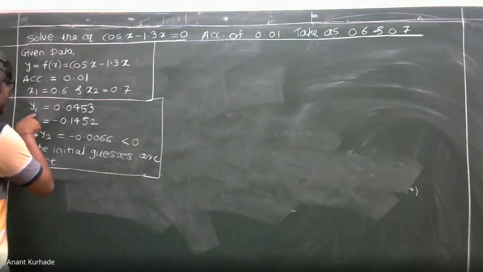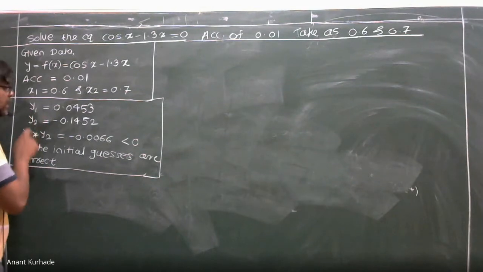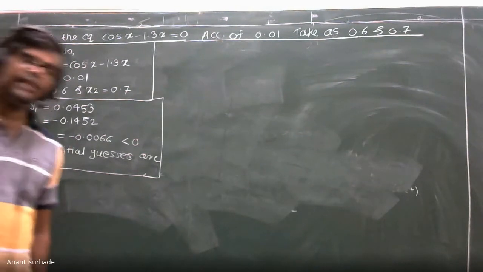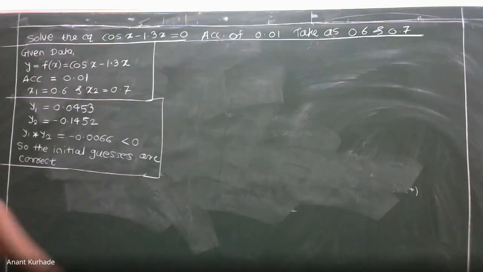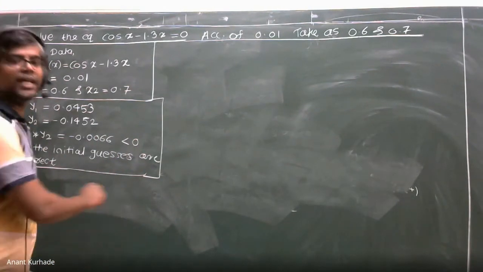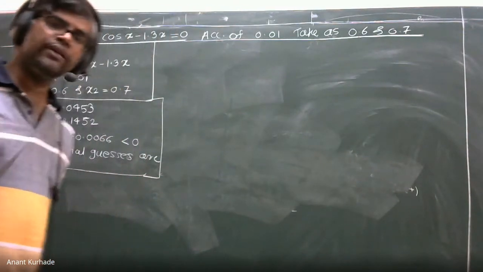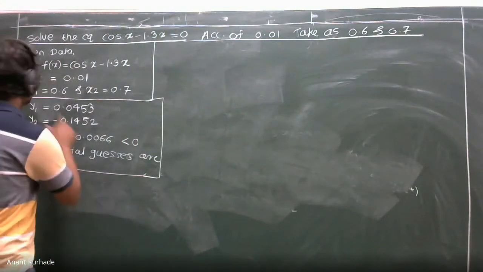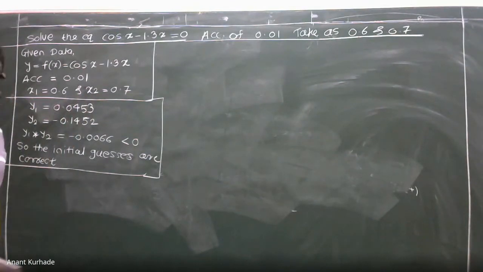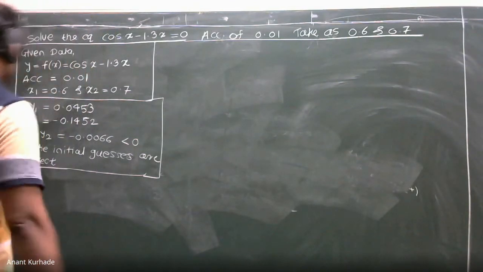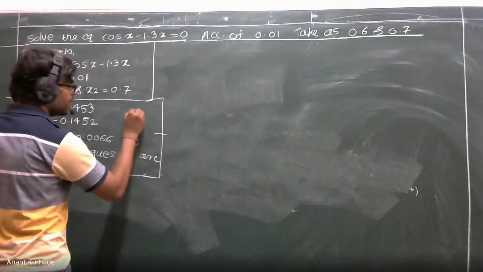Calculate y1, calculate y2, take its multiplication, it is less than 0, we can say these initial guesses are correct. Instead of this you can write, the approximate root of the equation lies between x1 and x2. Now, up to this you can get 2 marks.